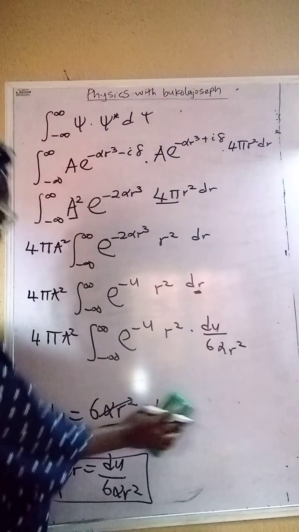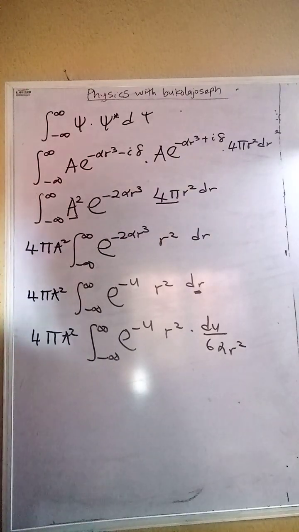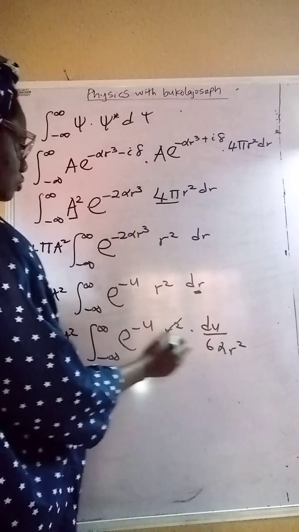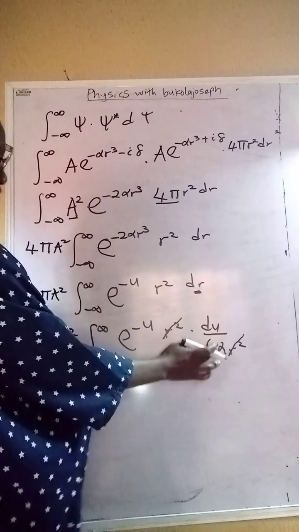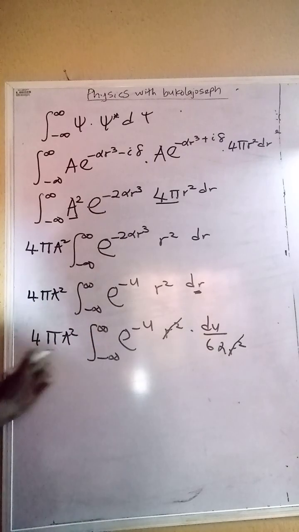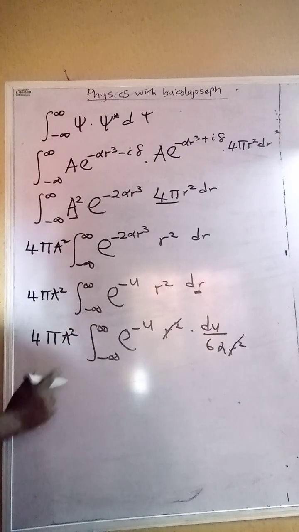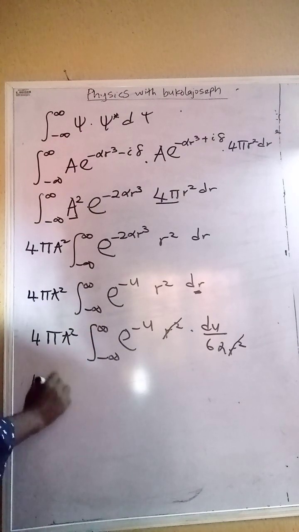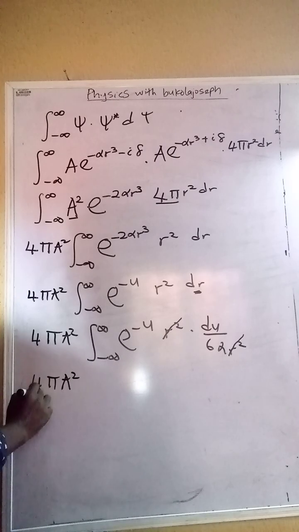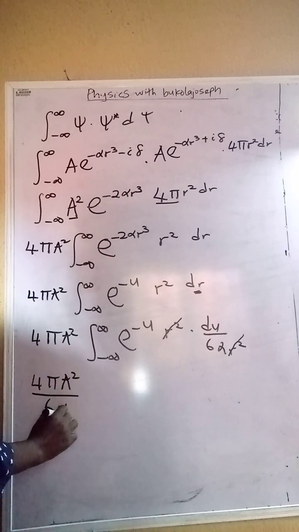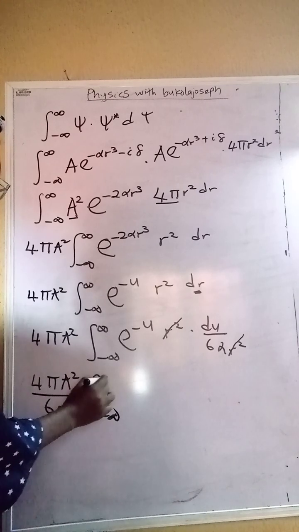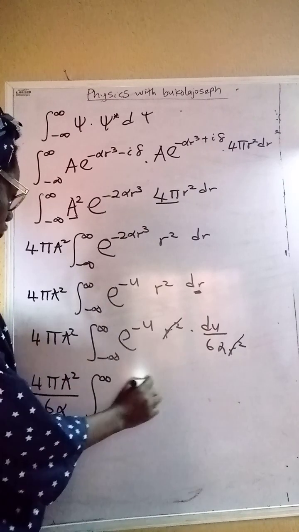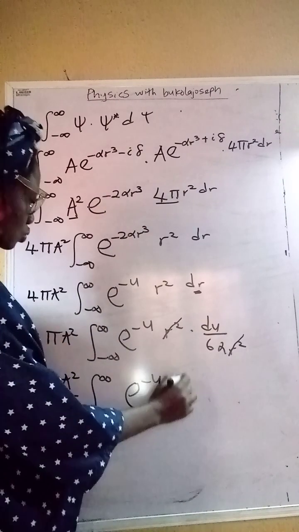Okay, so this will cancel this, and then we'll be left with this and this. We will take this to the other side since it is a constant, and then we'll have 4 pi a squared all over 6 alpha, integral exponential minus u du.